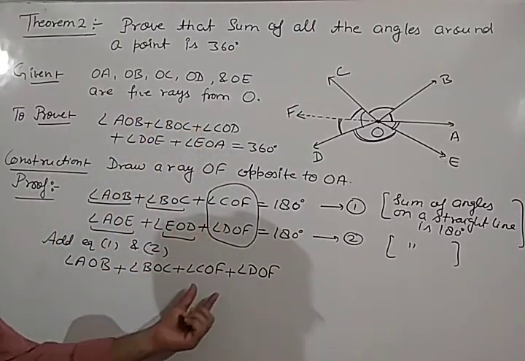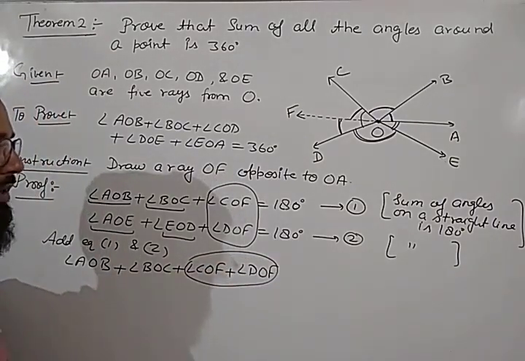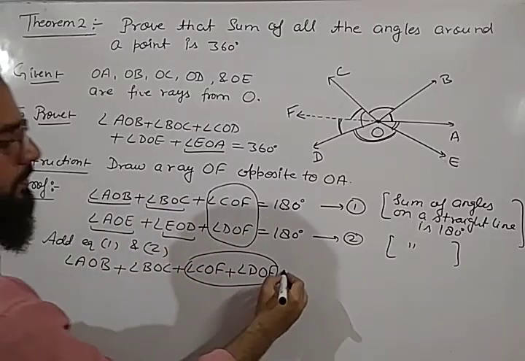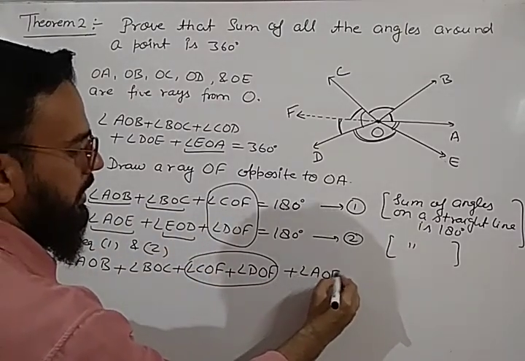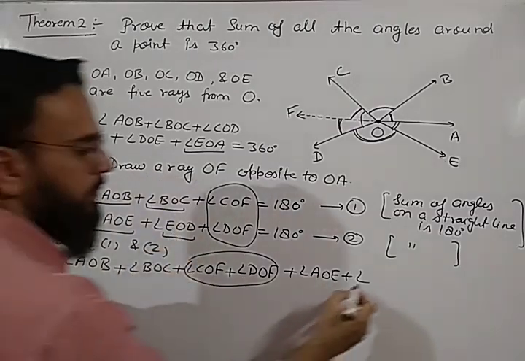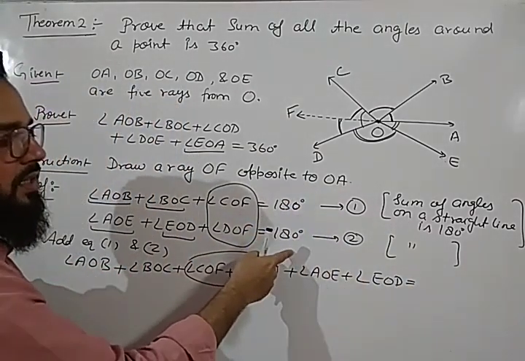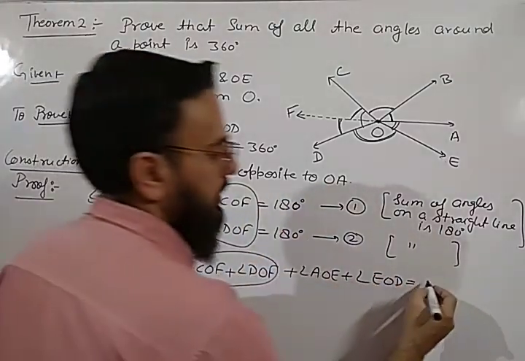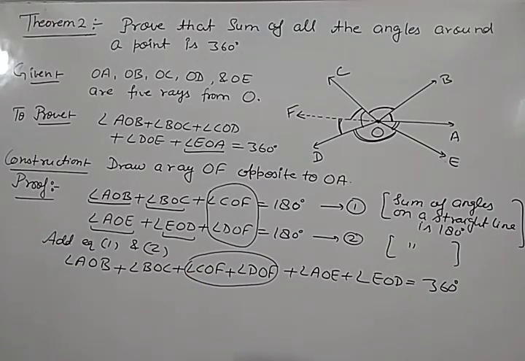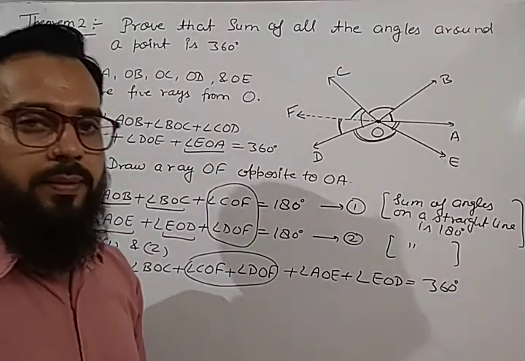So we are writing these two angles together, angle COF plus angle DOF. Then AOE, AOE means this EOA, both are the same. So plus angle AOE plus angle DOE or EOD, both are the same. So angle EOD. And what will be on the right hand side? 180 plus 180. That will be 360 degrees. Clear? So by adding these two equations, we get this particular statement.